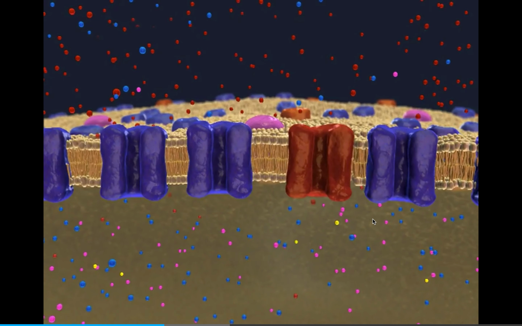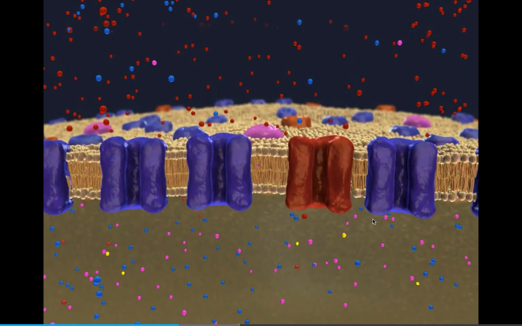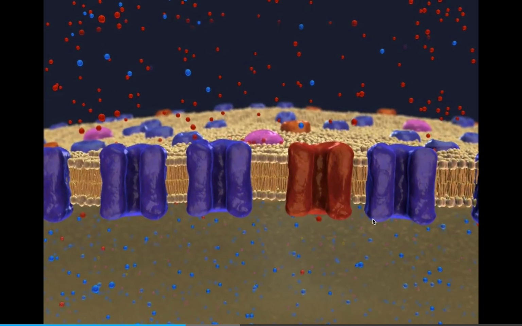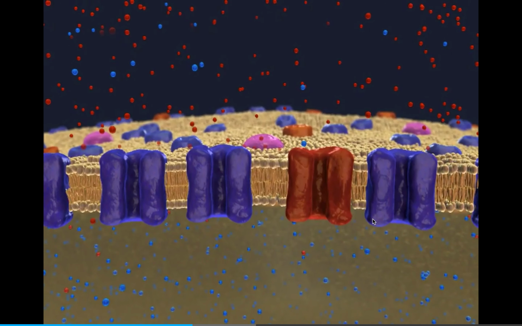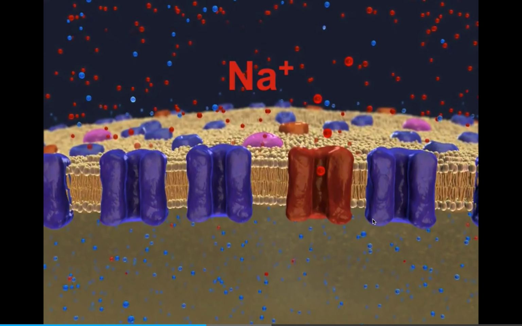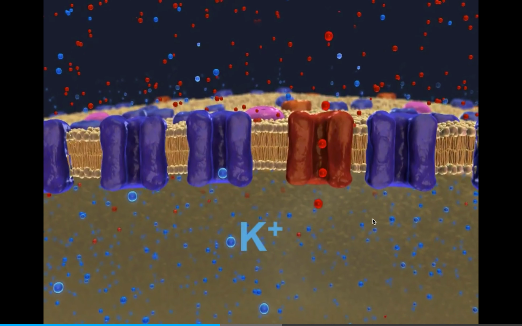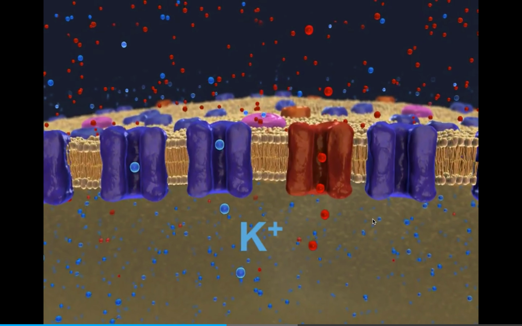The resting membrane potential depends on 2 factors. First, it depends on the presence of sodium and potassium gradients across the plasma membrane. Specifically, there are more sodium ions outside the neuron than inside, and more potassium ions inside the neuron than outside.